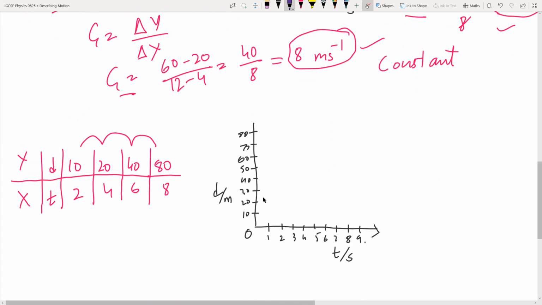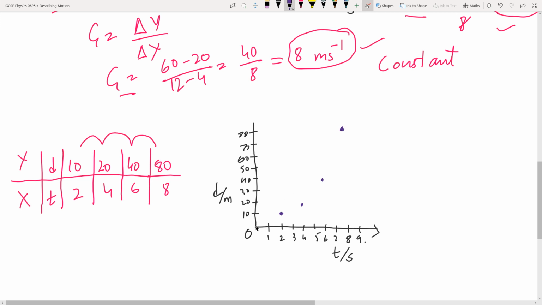At 2 seconds the car was at 10. Let's mark a point here. At 4 seconds the car was at 20. At 6 seconds the car was at 40, and as you can see, there's a change in the trend of the points. And at 8 seconds we were at 80.